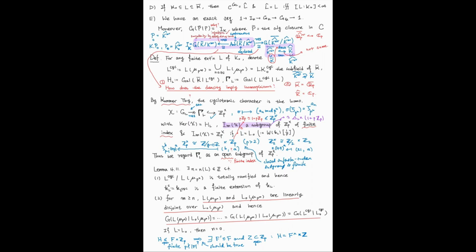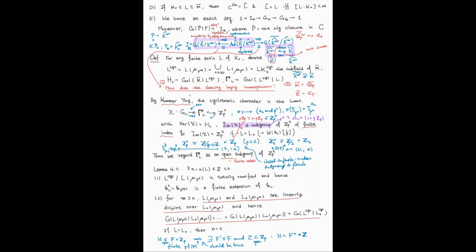I see. Okay, and then we need to start with the lemma, maybe. So there exists an integer n such that L(mu_{p^n}) over L is totally ramified, and hence the residue field is a finite extension of k_L.